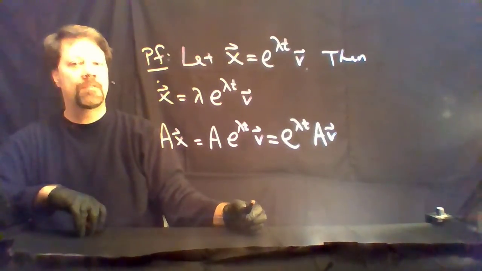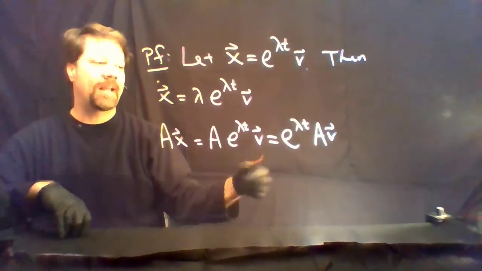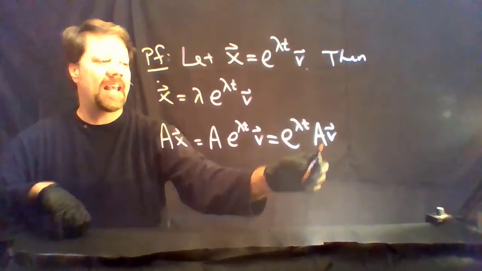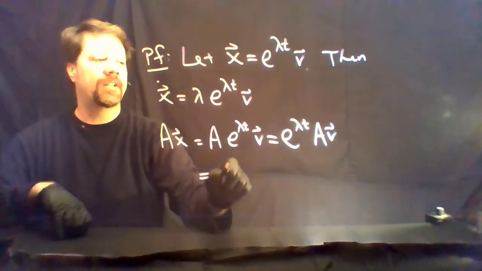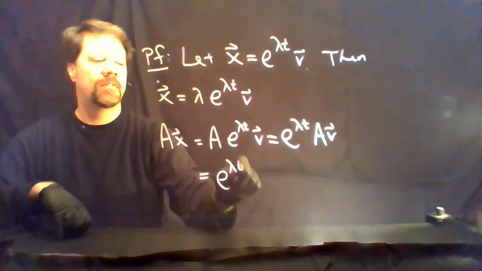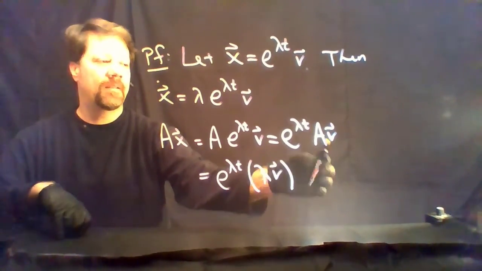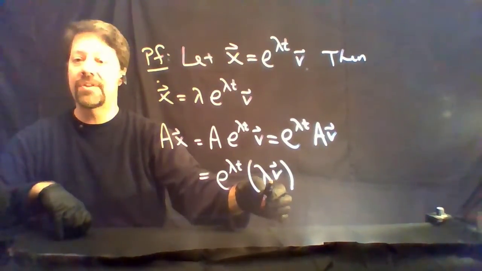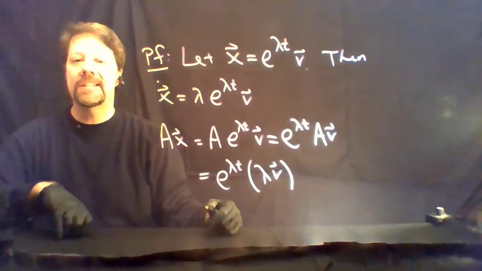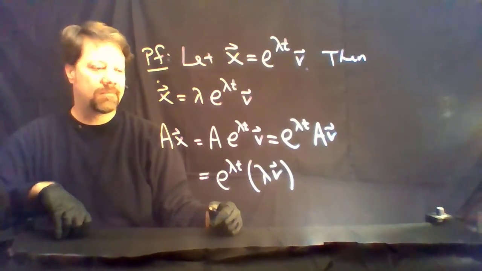Now, remember what an eigenvalue and eigenvector is. Av is, by definition, lambda v. The matrix A doesn't change the direction of the vector v, it merely rescales it by the eigenvalue lambda.